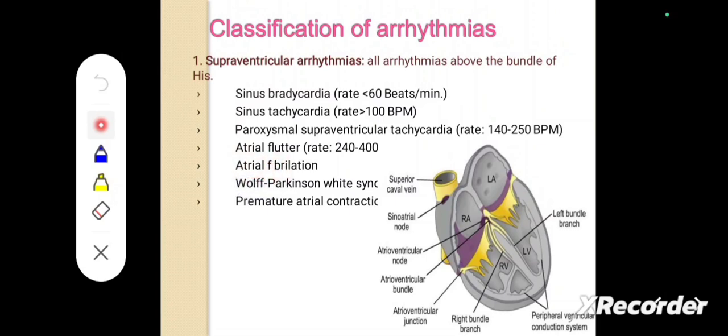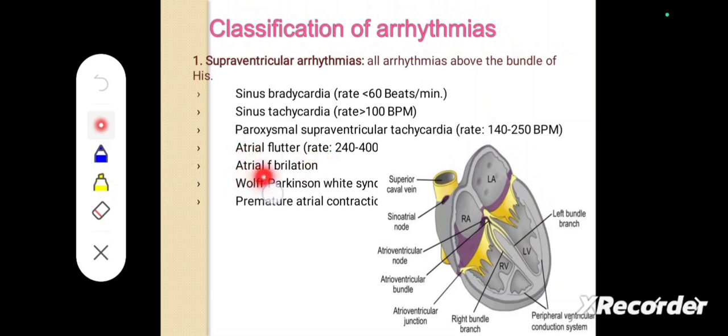Atrial flutter is characterized by rapid atrial firing at a rate of 240 to 400 beats per minute.